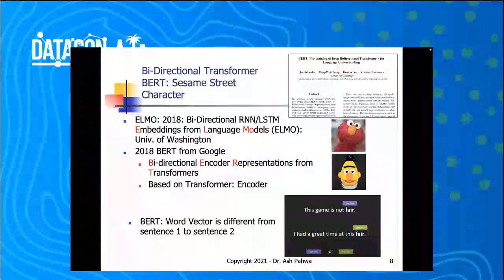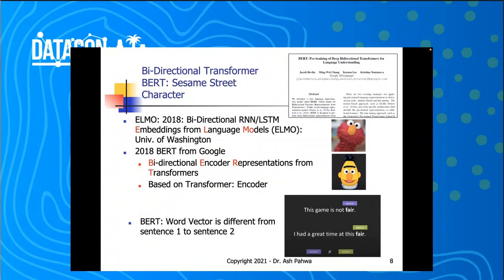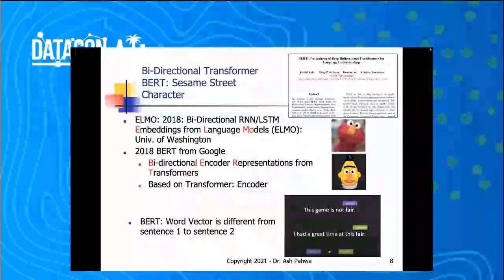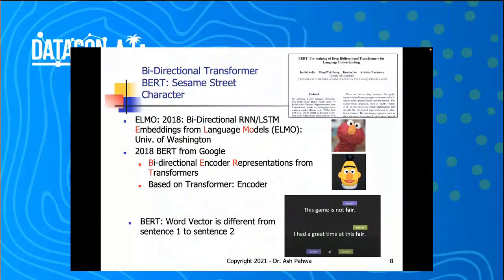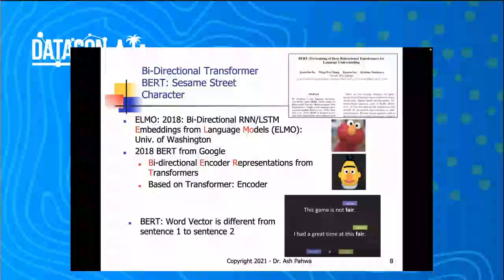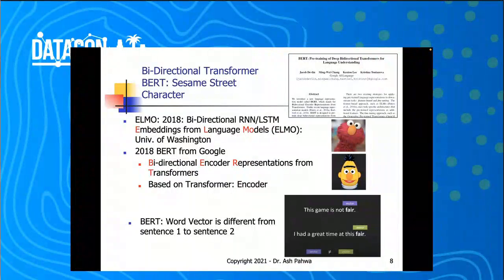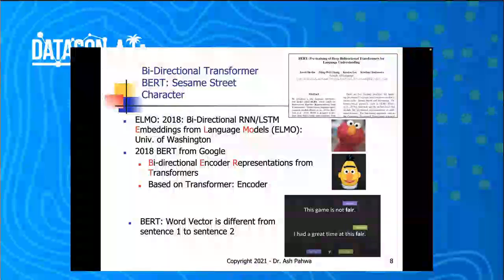So what's so special about BERT? Suppose I have two sentences. This game is not fair. What does the word fair mean? Fair means that somebody is trying to cheat, it looks like this is not fair. Most humans can understand the meaning of that. But now suppose I use another sentence: I had a great time at this fair.